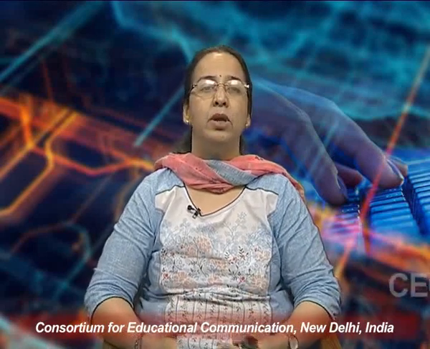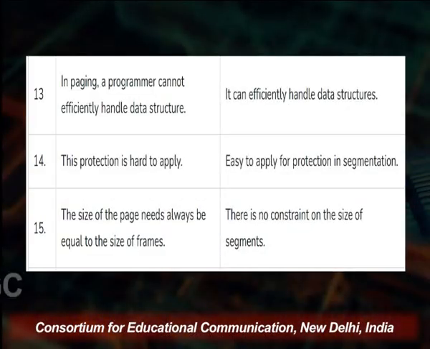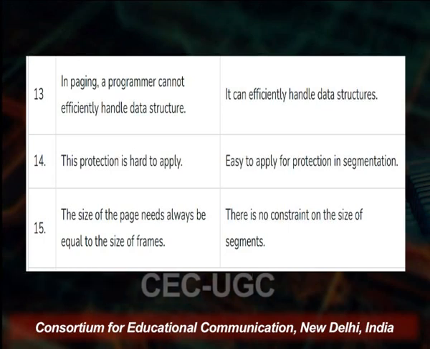Then in paging a programmer is not able to efficiently handle the data structures, while segmentation is totally about different data structures being stored separately, so one chunk of the program is stored separately. So, it can efficiently handle data structures.